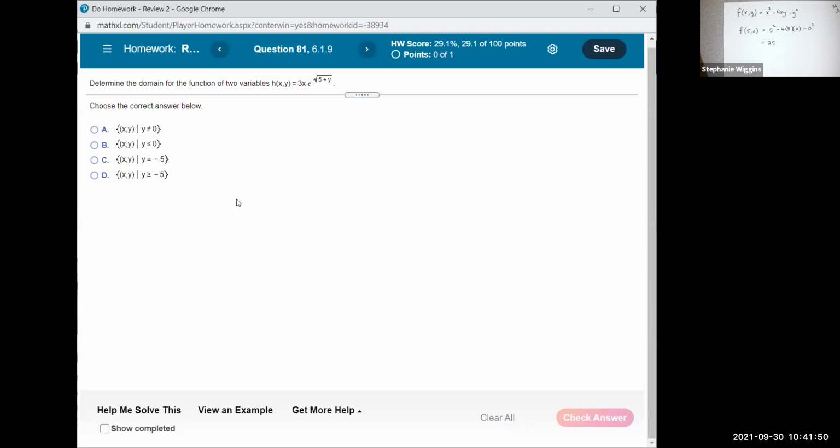You need to know how to find the domain of a log function. So I'm going to just do one example here. If it's under the radical, whatever's under the radical, that's called the radicand, it must be greater than or equal to 0. So in this case, we have 3x e to the square root of 5 plus y.